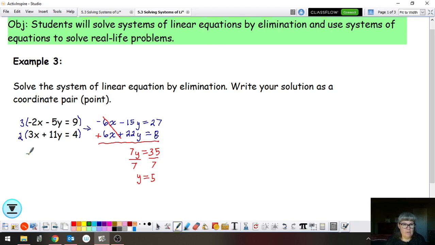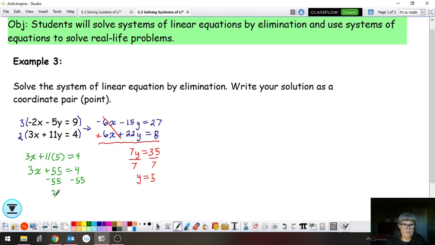So we have 3x plus 11 times 5 equals 4. So that's 3x plus 55 equals 4. I need to subtract 55 from each side.